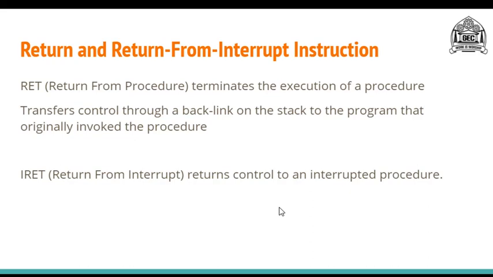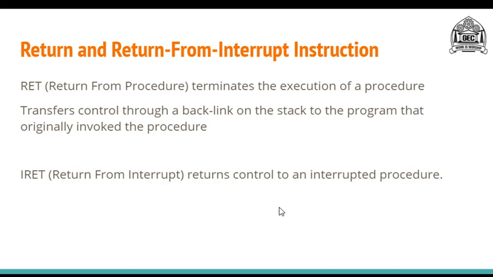It is used to return the control to the interrupted procedure. For example, when your CPU is executing a certain program, an interrupt can notify the CPU or the microprocessor and take the control to that particular interrupt.